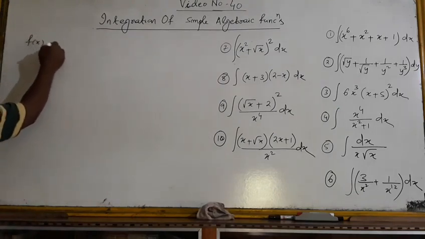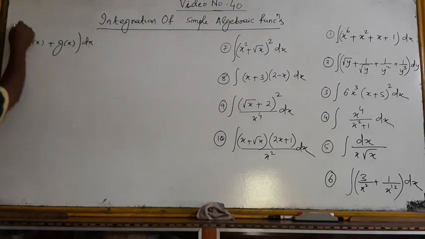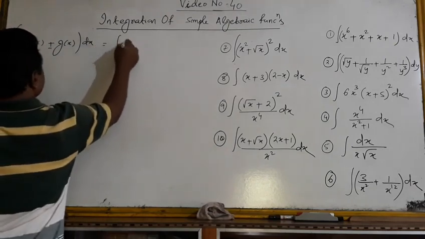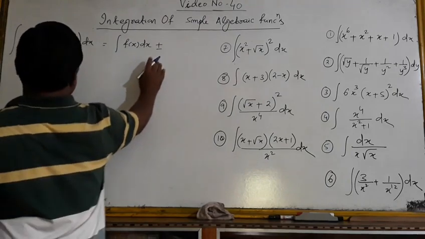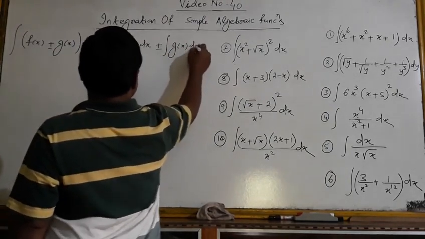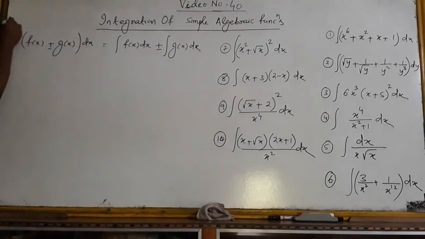If f(x) plus g(x), if two things, I am doing the integration plus or minus, then the formula is integration of f(x) plus, if plus you will take plus, if minus then you will take minus. Integration of f(x) plus integration of g(x). This is formula 1.